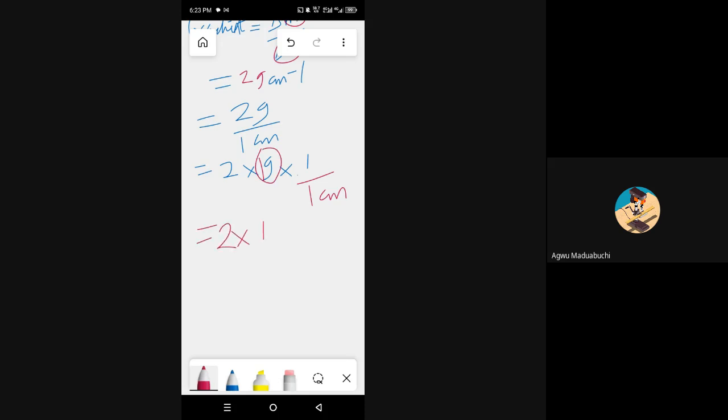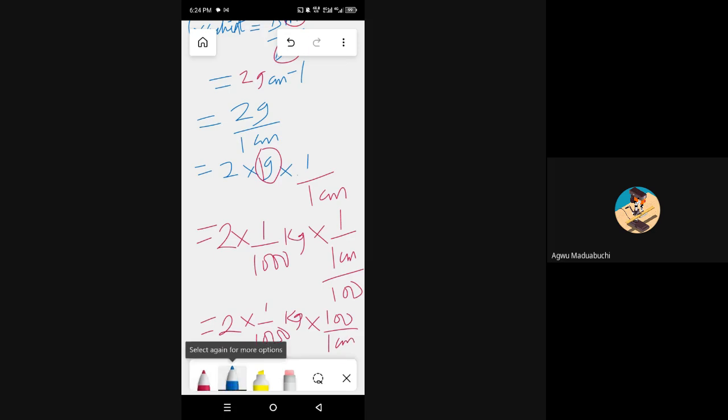So that will be 1 over 1,000 kilograms times, to convert 1 centimeter to meter, you divide by what? 100. Very good. So we now have 2 times 1 over 1,000 kg times 100 over 1 cm. Did you process that? Yes, sir. So this 0, we cancel this 0.